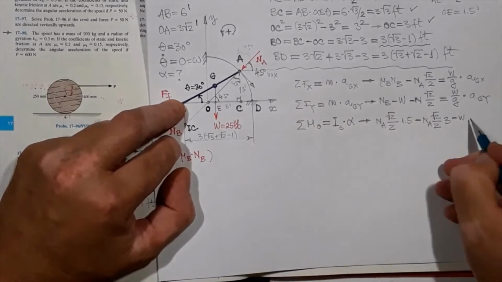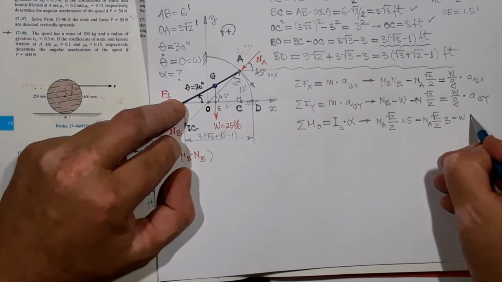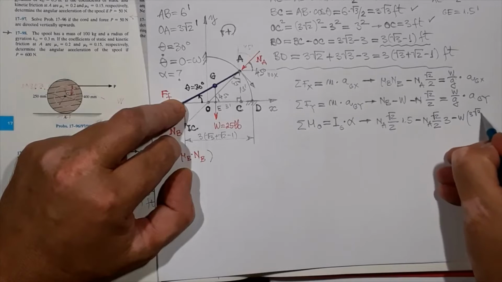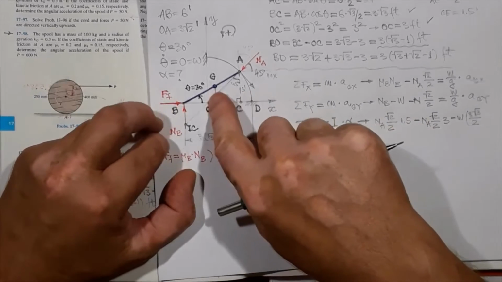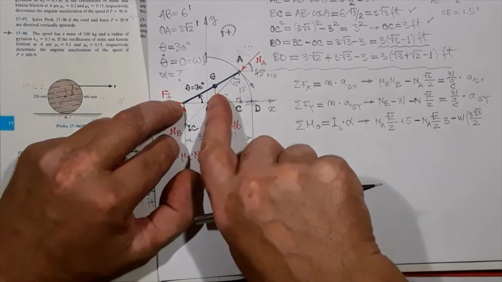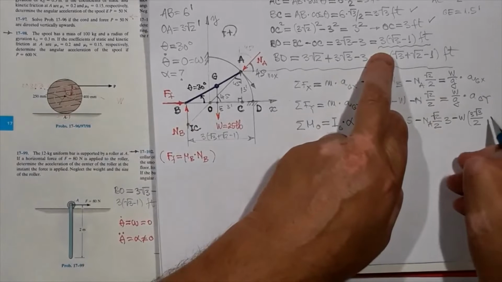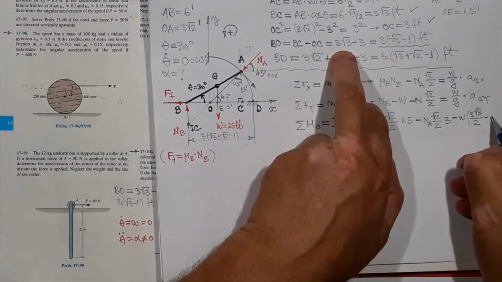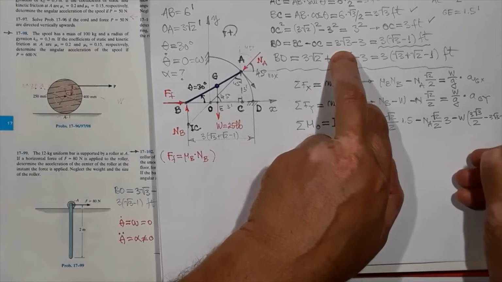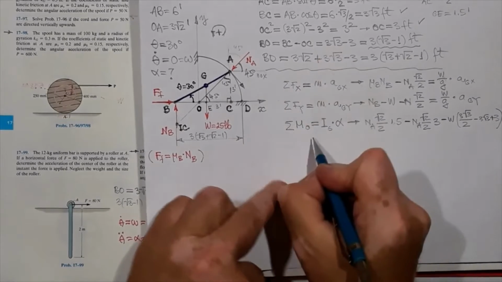So half of BC is 3 square root of 3 over 2. So that's half of BC minus BO or OB. We have it here, 3 square root of 3 minus 3, that's minus minus, so it'll be plus 3.